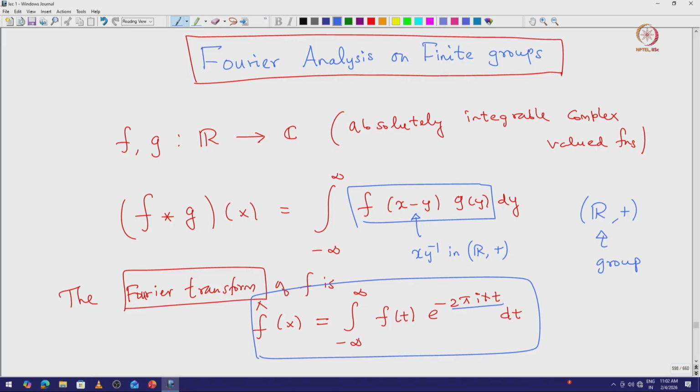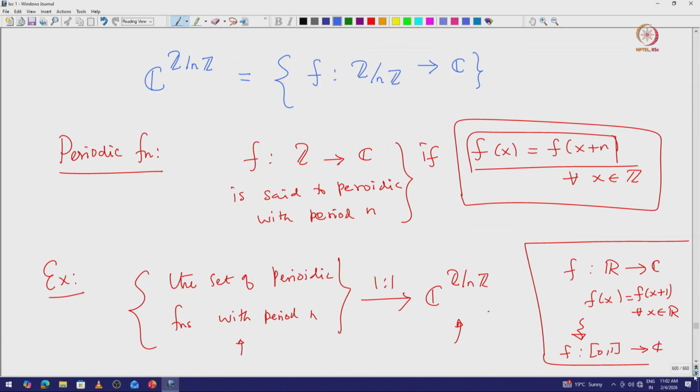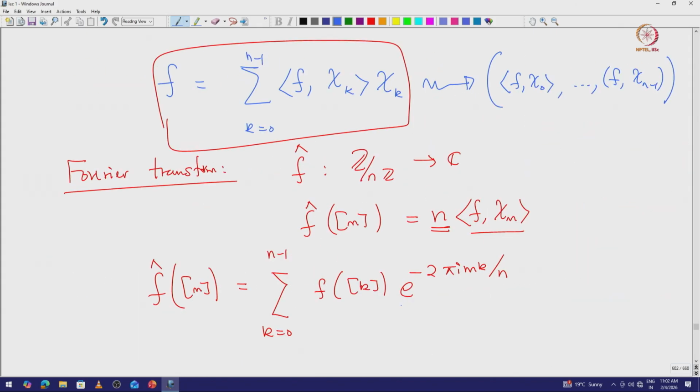In the discrete version, because there is no need to worry about convergence and so on in the finite case, the integration is replaced by the summation, and we keep the function f as it is, with e power 2 pi i m k by n.